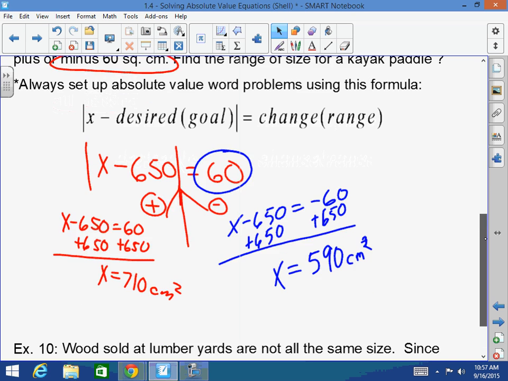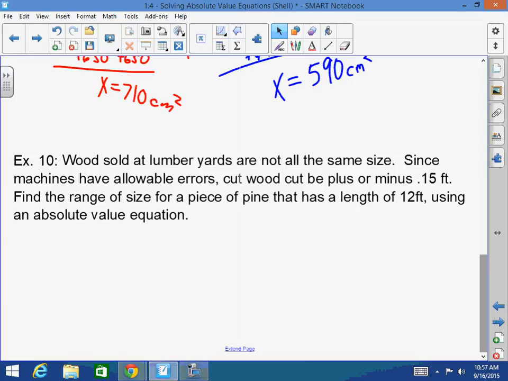Okay, last one and we're out. Wood sold at lumber yards is not all the same size, and that's for sure. I do a lot of handiwork, and you're never going to find a 4x4 that's really a 4x4. It'll be like a 3 and 15/16 by a 3 and 17/18. It'll never be exact.